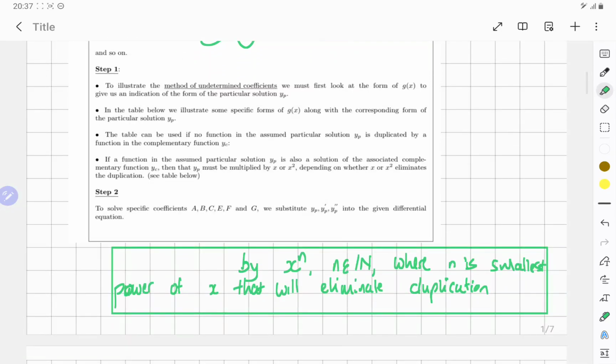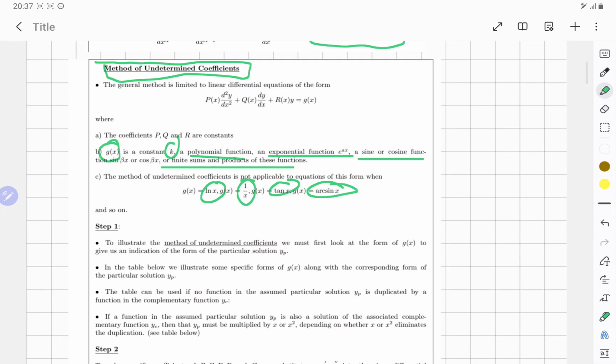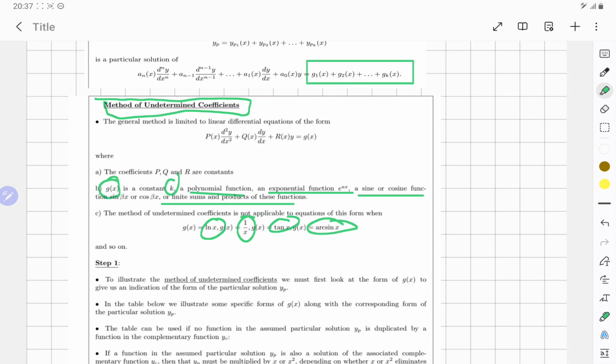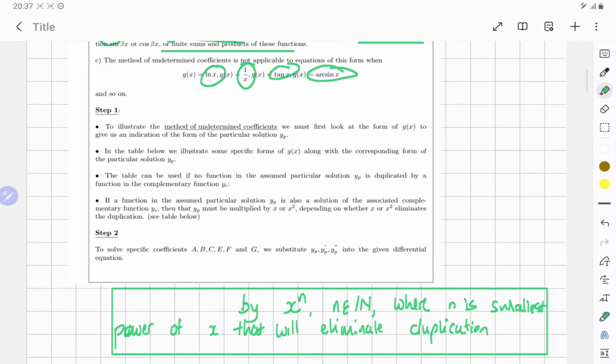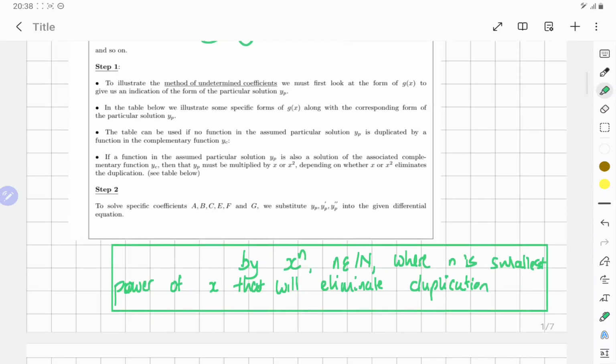So, to illustrate the method of undetermined coefficients, we must always look at the form of our g(x). We will look at the form of g(x), whether it is just one function or the sum of finite functions, and that will give us an indication of the form of the particular solution.